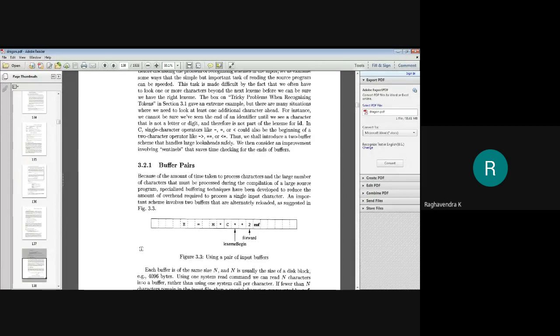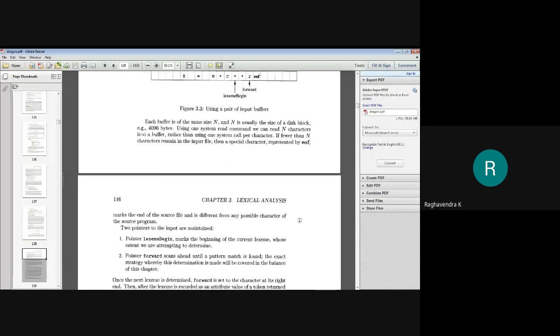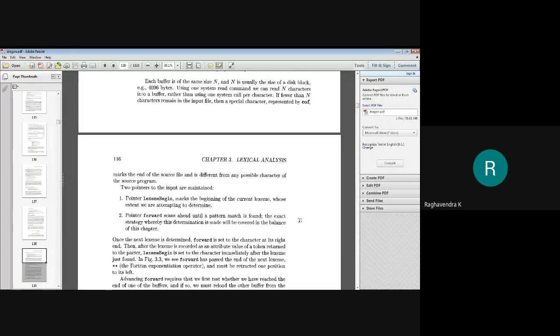So for example, here a diagram has been shown. This is the two buffered technique, where one buffer is loaded with the source program by reading the source program through a system call, and the other buffer is loaded appropriately whenever needed. We maintain two pointers as mentioned, lexeme begin and forward.